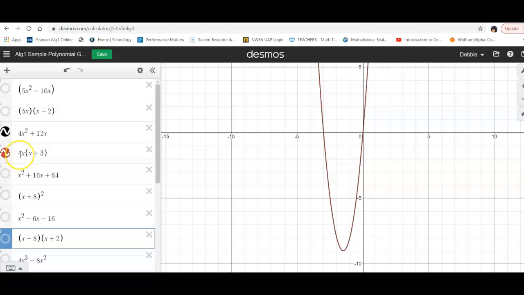We have 4x, and then we have x plus 3, and I want you to note where the graph crosses the x-axis. It crosses when x equals 0, and it crosses when x equals -3.